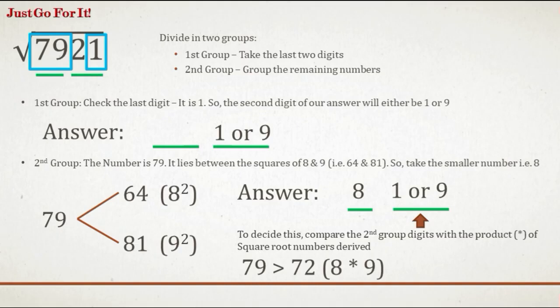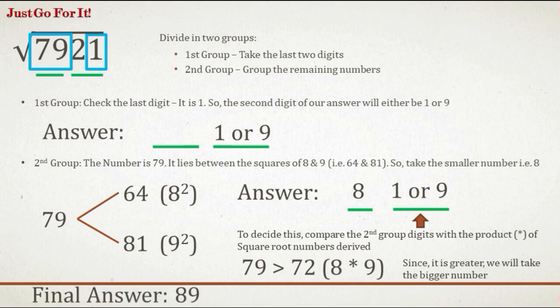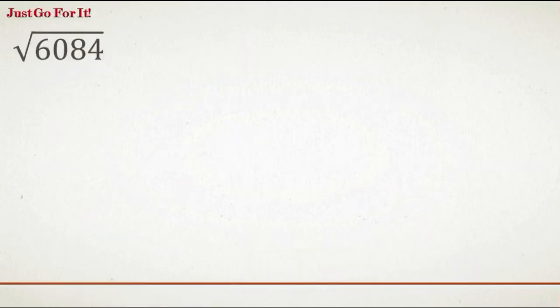So 8 9s are 72. So we have to decide whether to take 1 or 9, right? Since 79 is greater than 72, we'll take the greater number, which is 9 in this case. So our final answer will be 89. I hope this is clear.